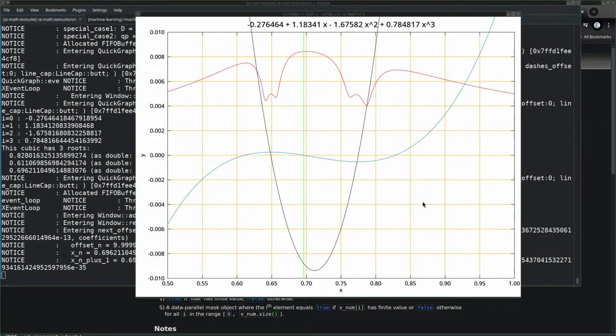Well, I don't see it like this. But let's just draw something. Yeah, the function.